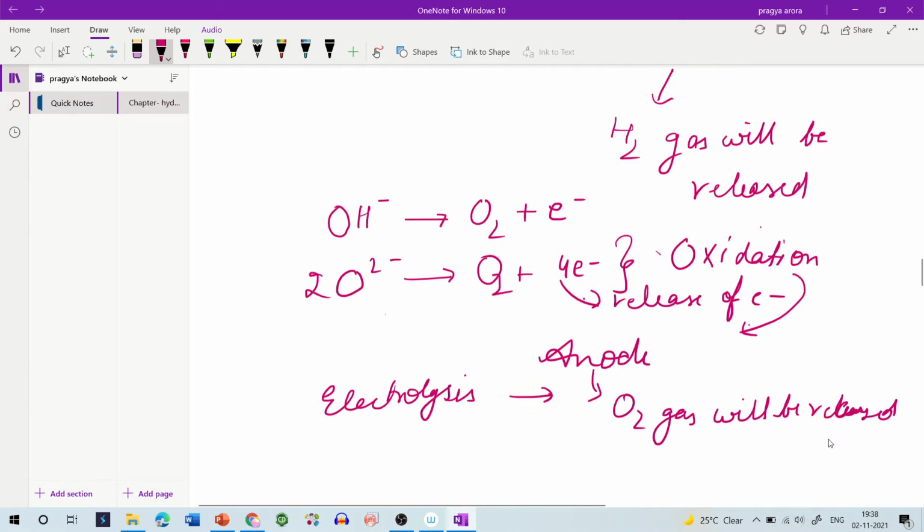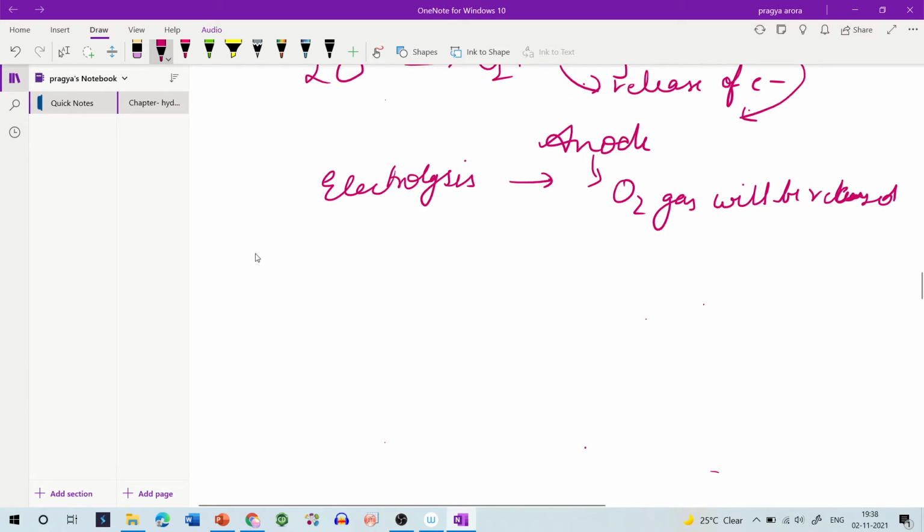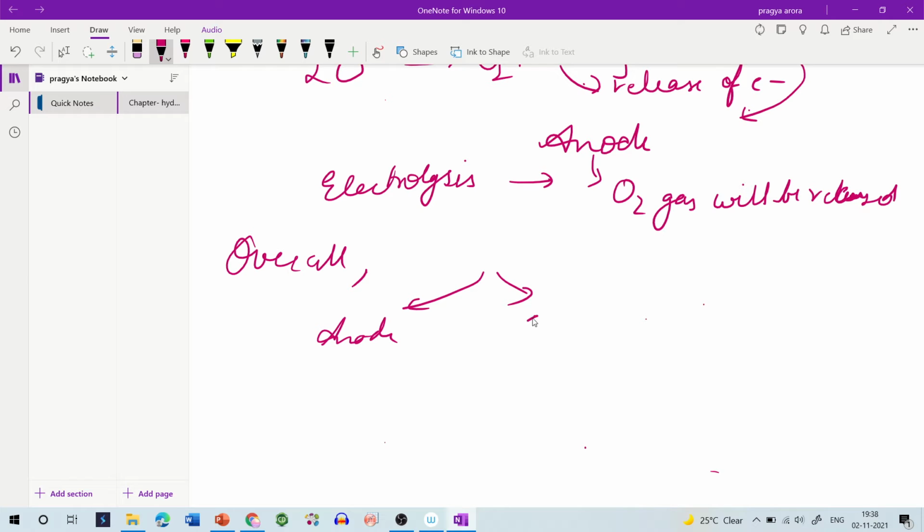So overall, when you are doing electrolysis of acidified water, on cathode H2 gas will be released, and on anode O2 gas will be released.